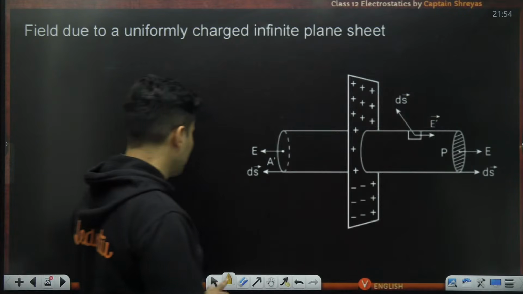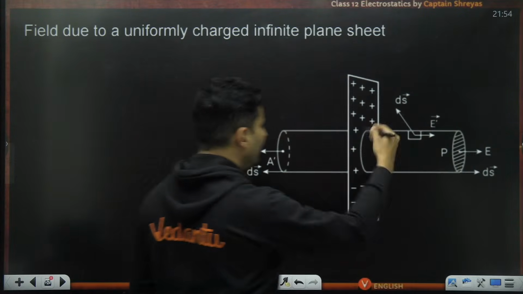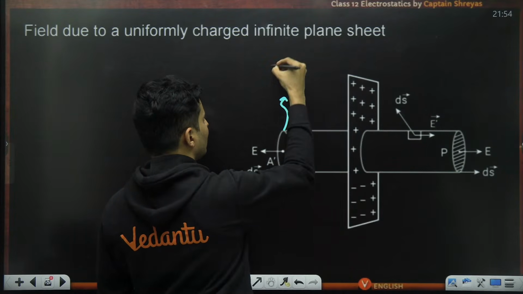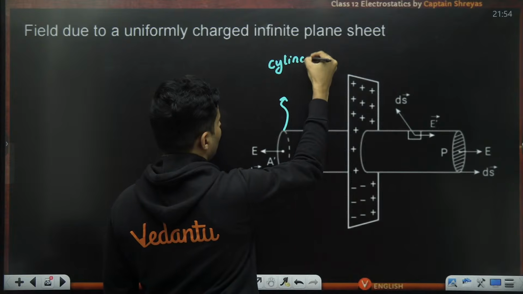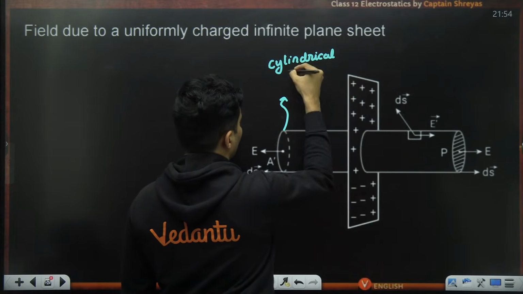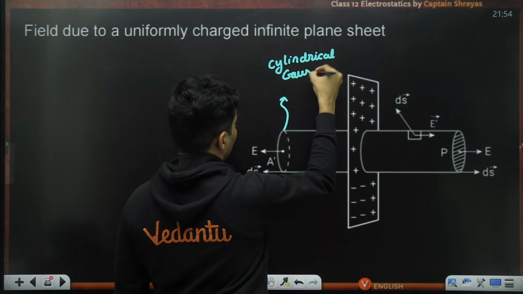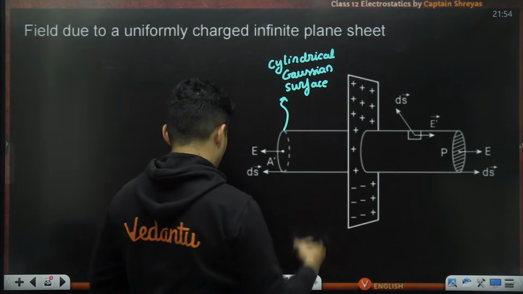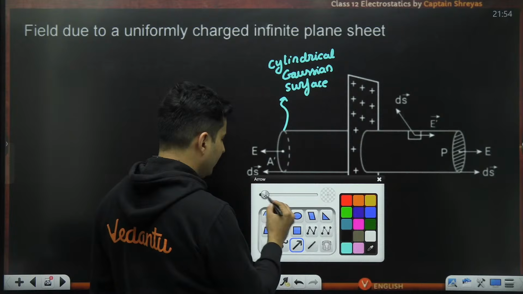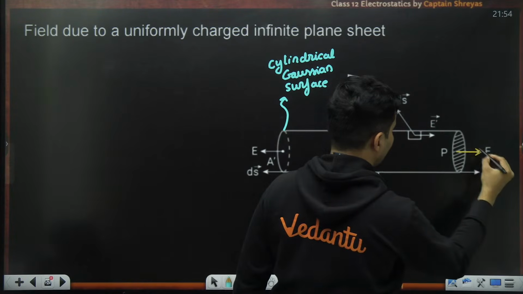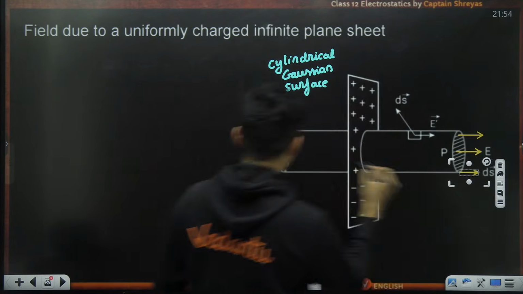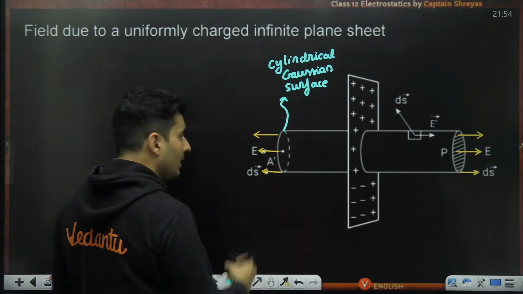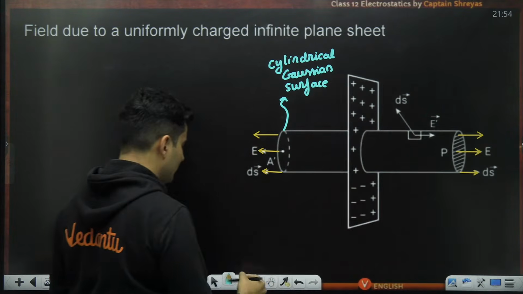You start off by choosing a Gaussian surface like a cylinder over here, which is piercing through the sheet. So this is our cylindrical Gaussian surface. And because our electric field will come here like this and also over here like this, but it will not pierce through the curved surface.